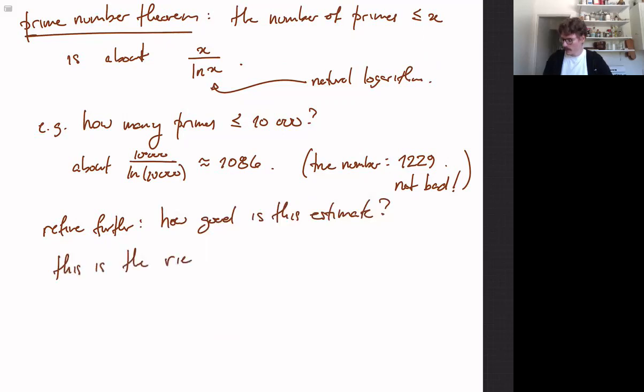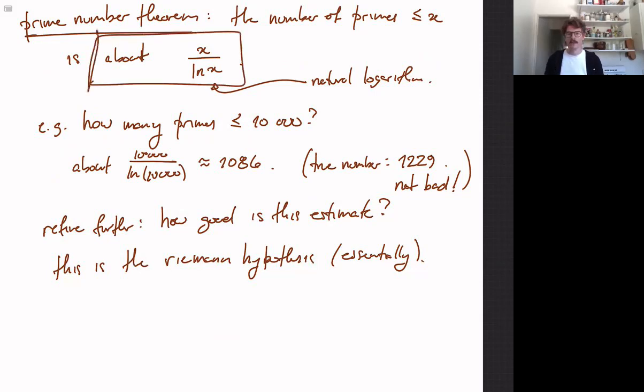The Riemann hypothesis can be considered a version of this question. There's many things you could mean by how good is this estimate. Some of them are easier or harder to prove. But the Riemann hypothesis, which is one of the Millennium Prize problems and is one of the most famous mathematical problems, you can think of it as being a statement about how good is this estimate of the number of primes.